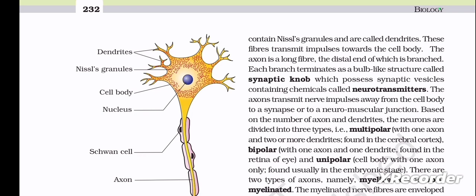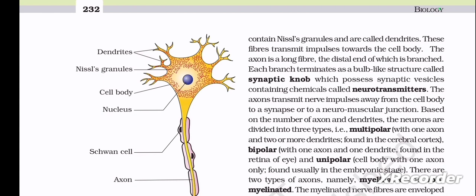The axon is a long fiber, the distal end of which is branched. Each branch terminates as a bulb-like structure called synaptic knob, which possesses synaptic vesicles containing chemicals called neurotransmitters. The axon transmits nerve impulses away from the cell body to a synapse or to a neuromuscular junction.